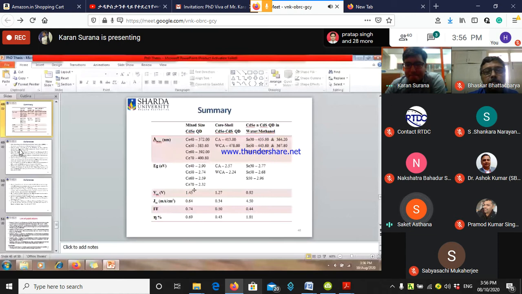See, in the first one, we have mixed size cadmium selenide quantum dots. Here you are mentioning it is 1.45. This is the best compound, the best quantum dot, and efficiency is 0.69, the mixed range.